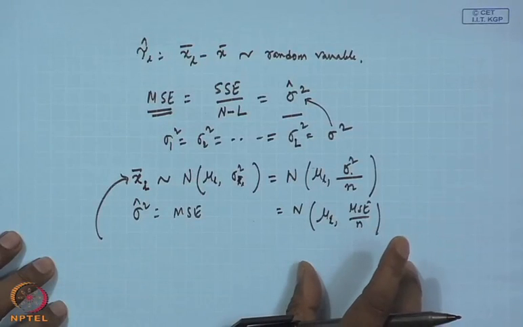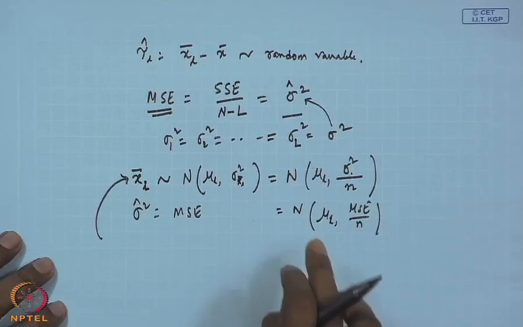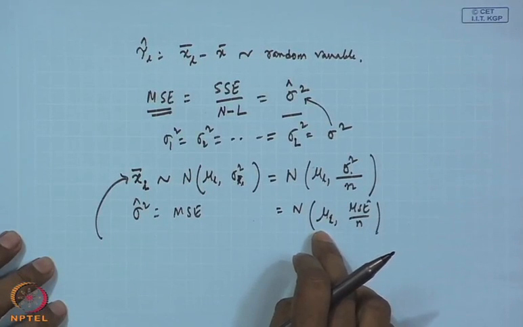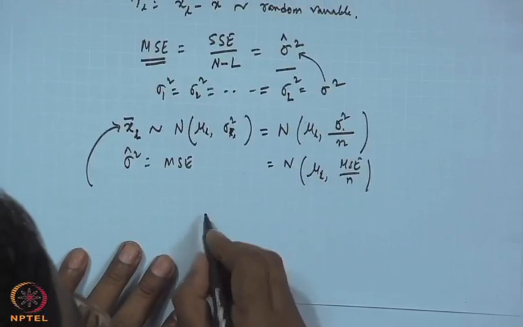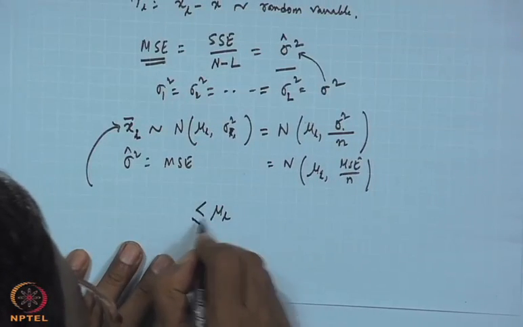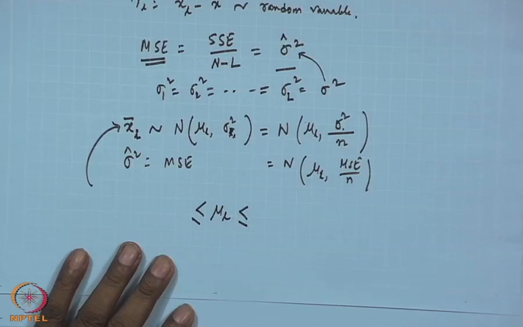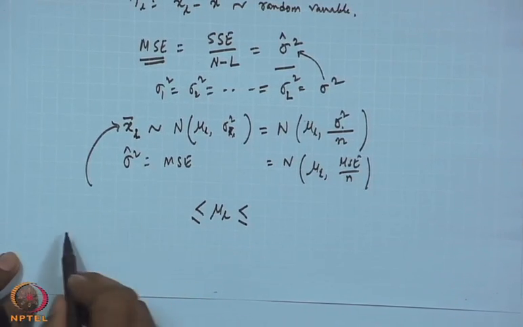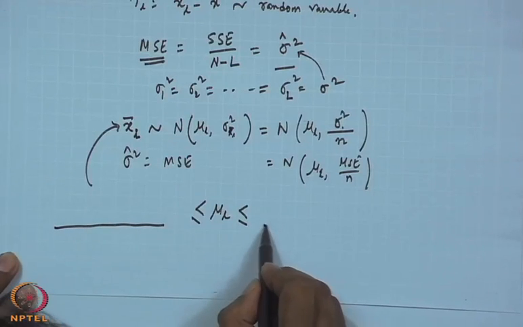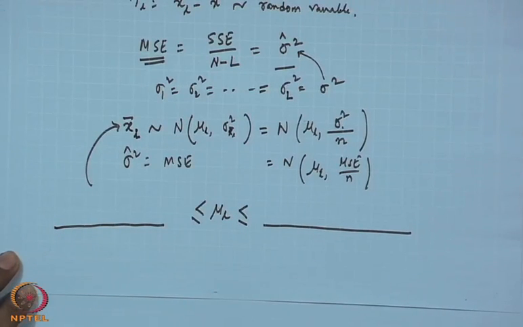Then I want to know the interval for mu L. It is similar to finding the interval of a population mean, which you have seen earlier using the t-test and other things. Can you write down what will be the left hand and right hand side? Can you tell me?